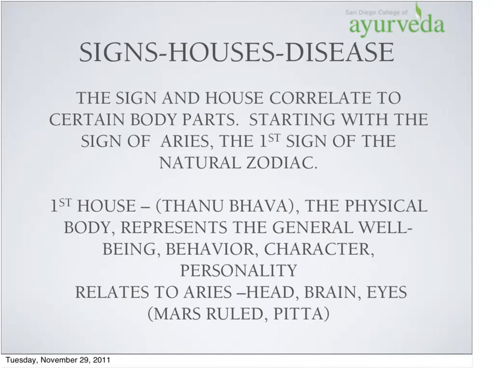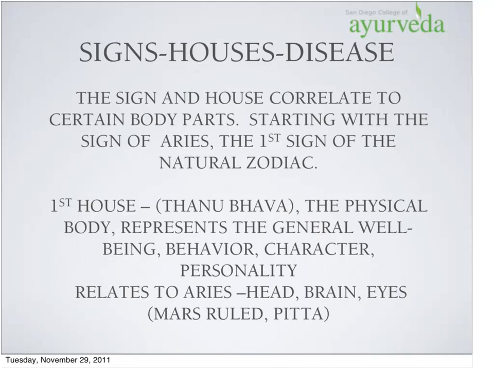So if you have someone who's Aries rising, they're going to be very independent and assertive and enthusiastic, because it's a sign that's ruled by Mars. The first house will always relate to the physical body and your general overall well-being. Aries in the natural zodiac is the sign that rules the head.